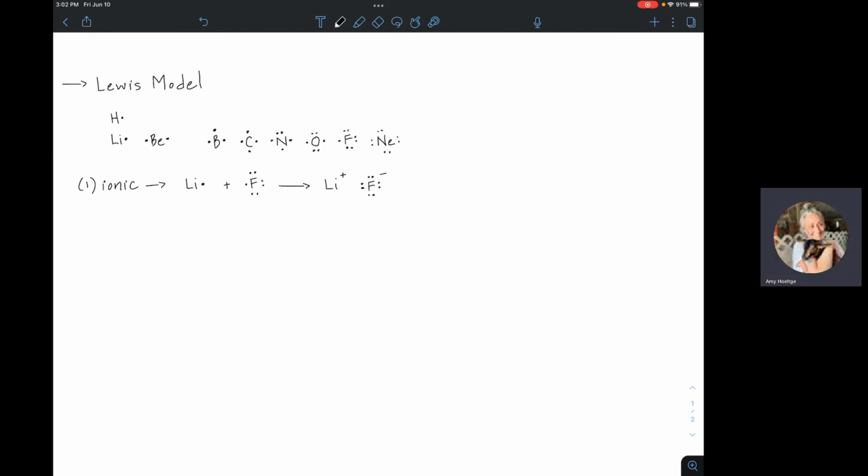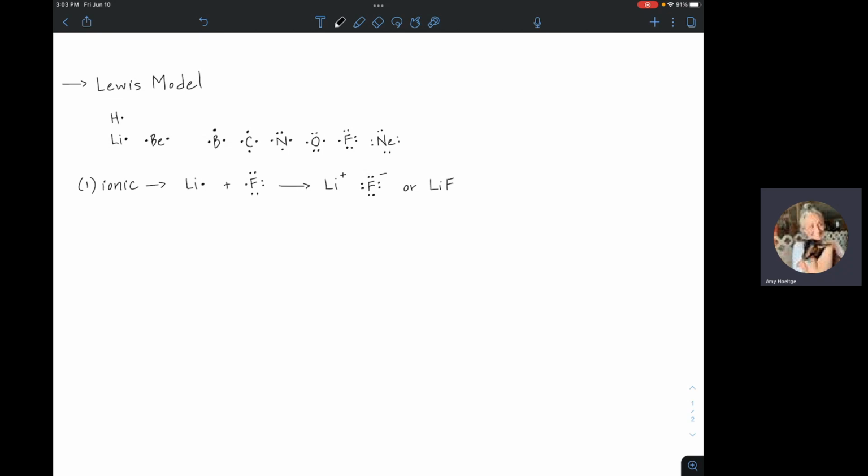And it's going to gain a negative charge. But we usually just write this as LiF with no stick. Notice how there's no stick between these, no bond, because an ionic bond is just an electrostatic attraction, right? So these are kind of like when your sock gets stuck to a towel, right? Static cling kind of a thing.